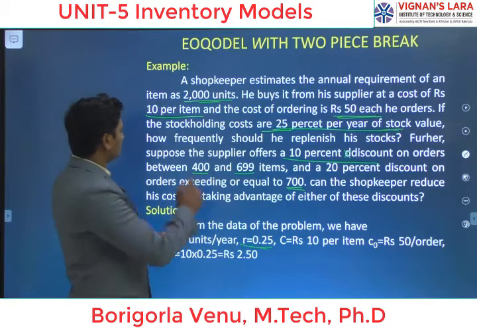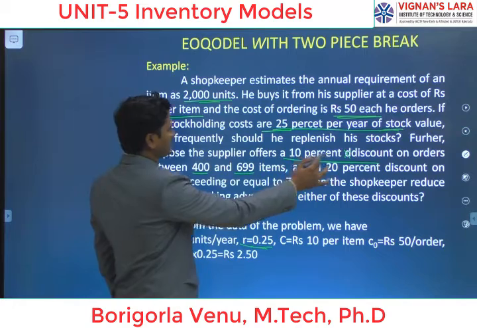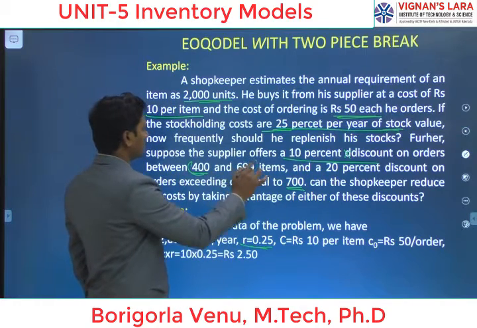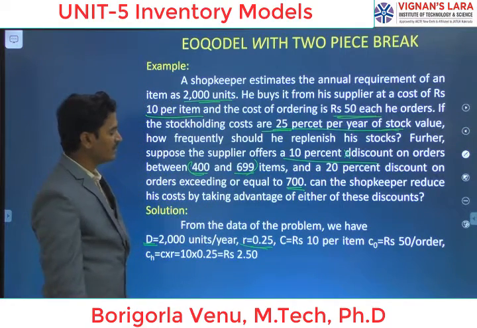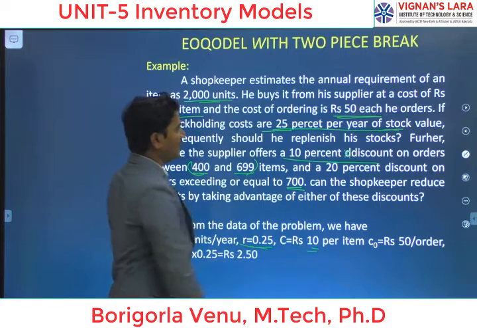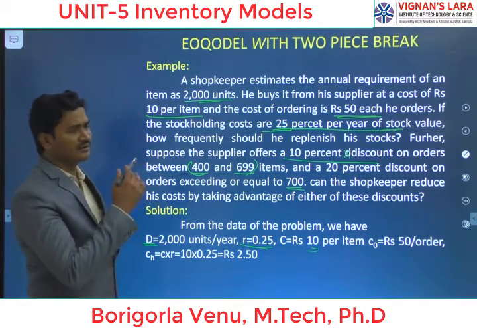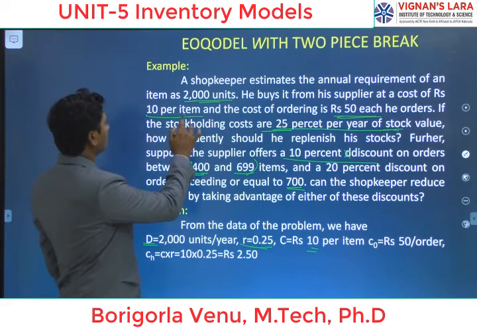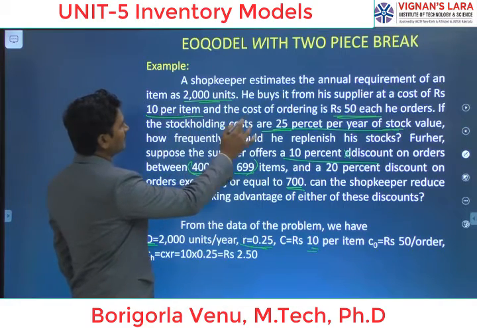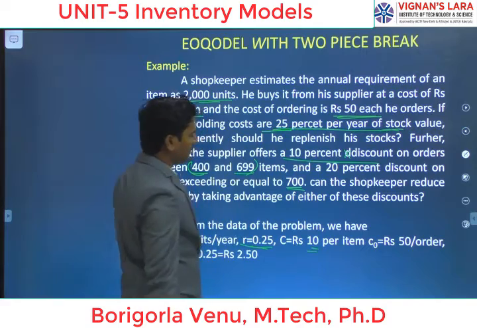That is 10%. And here he buys from his supplier at a cost of 10 per item, and the cost of ordering is 50.